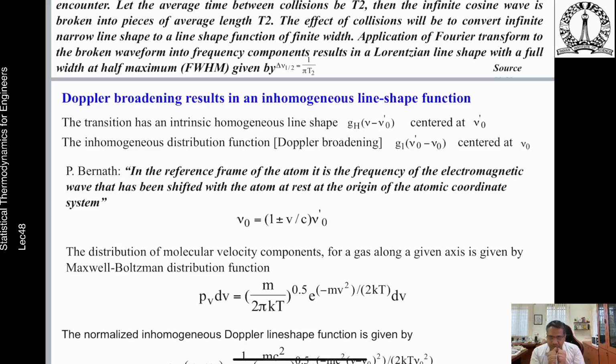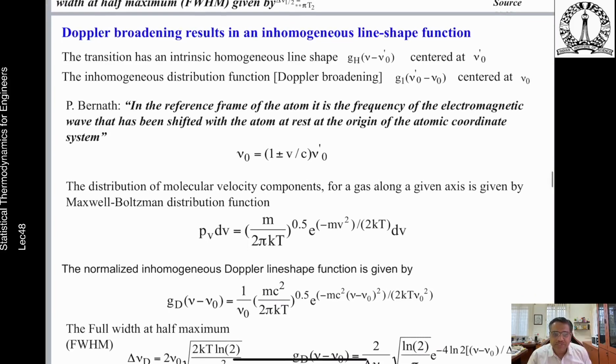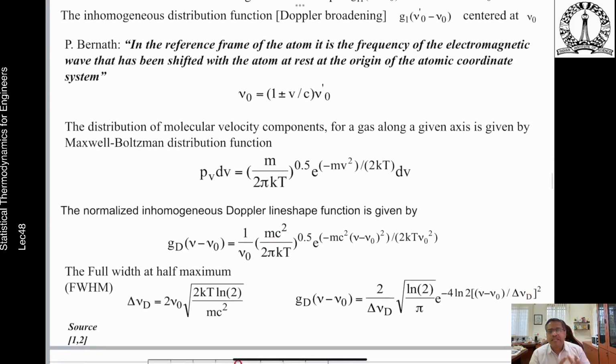In the reference frame of the atom, it is the frequency of the electromagnetic wave that has been shifted, with the atom at rest at the origin of the atomic coordinate system. It is given by the molecular velocity components v. For a gas along a given axis, it is given by the Maxwell-Boltzmann distribution, right? The alteration in the frequency happens because of the molecular motion. So the normalized Doppler line shape is given by this, which is a Gaussian distribution.